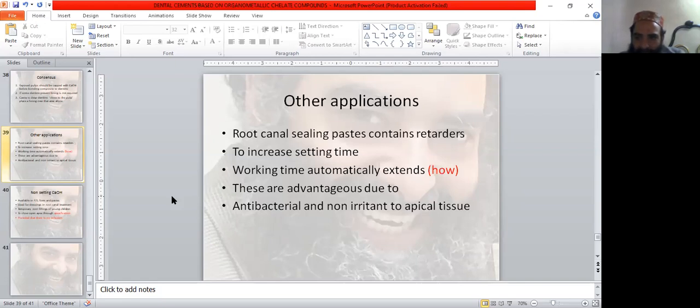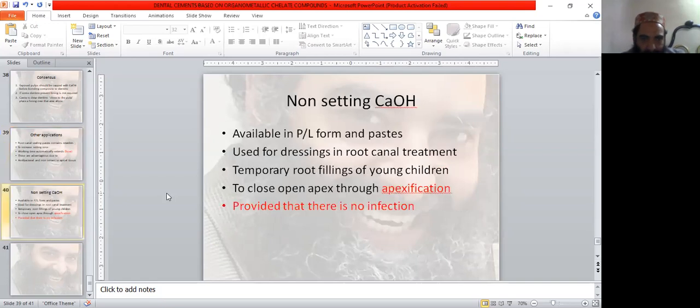How? The answer should come from your side. Think about how, if setting time is increased, working time increases. These are advantageous due to being antibacterial and non-irritant to apical tissues.